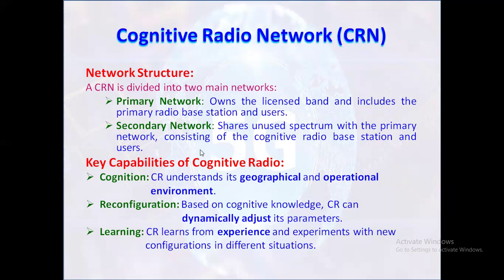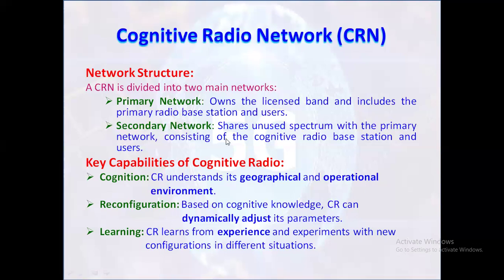On the other hand, the secondary network shares the unused spectrum with the primary network, consisting of cognitive radio base stations and users who do not hold exclusive rights to the spectrum but can dynamically access available channels when the primary users are not using them. This shared spectrum model allows more efficient use of the available radio frequencies.